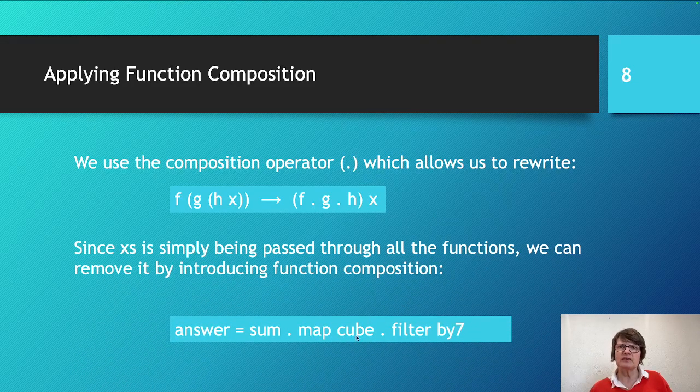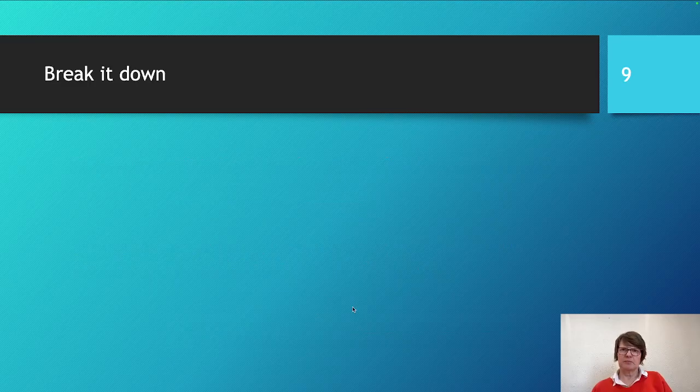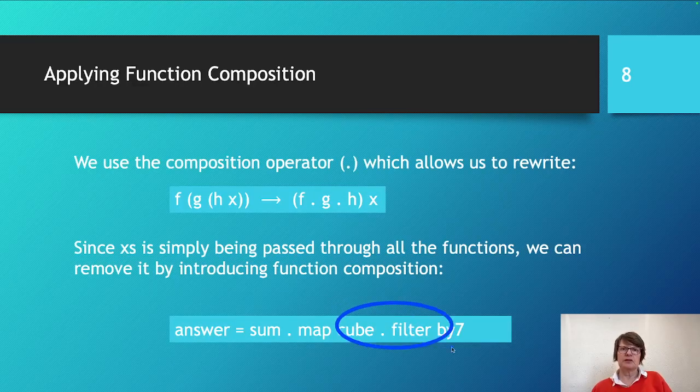So we can say, get the sum, apply the sum to what is returned when you apply map. And remember, map takes two parameters. It takes the function and it also takes a list.